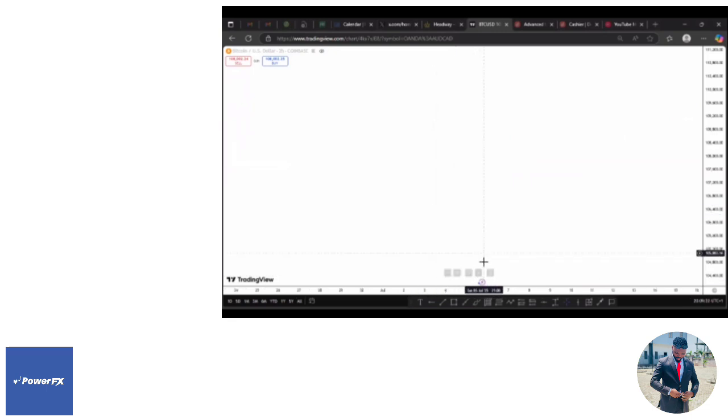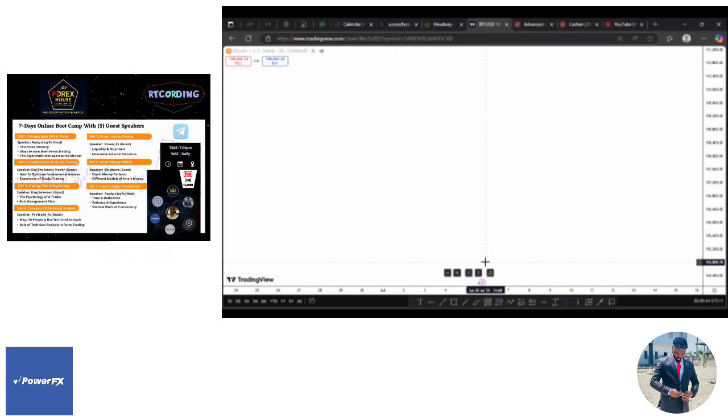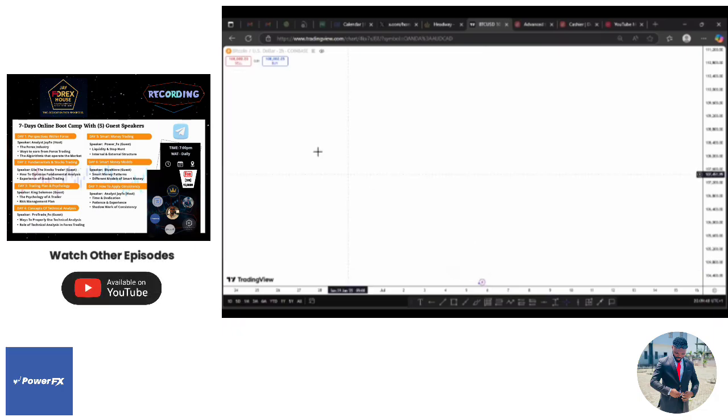Everything I've said here, from the illustration about supply and demand, rally base rally, drop base drop, and also liquidity, the market coming down to clear that particular liquidity, then what I showed you guys here, stop on, which is a sweep of liquidity. Everything I've mentioned here is what I use in trading the market.